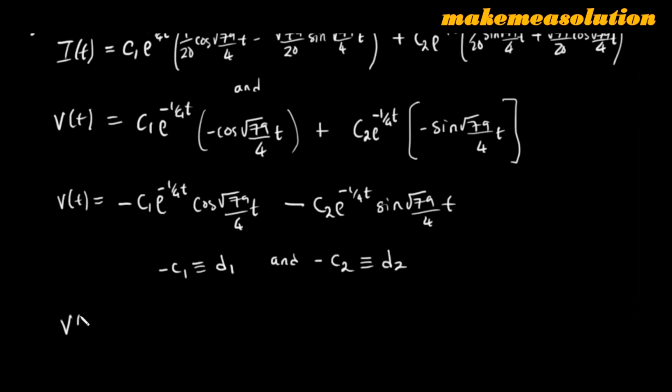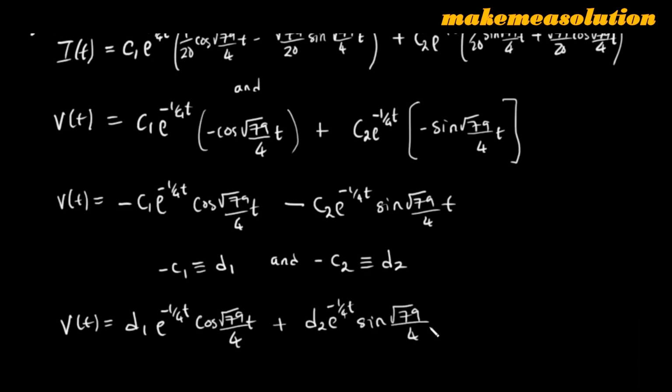So we can have our v of t finally to be d1 exponential negative 1 over 4t cos root 79 all over 4t, then plus d2 exponential minus 1 over 4t, then sine root 79 over 4t.